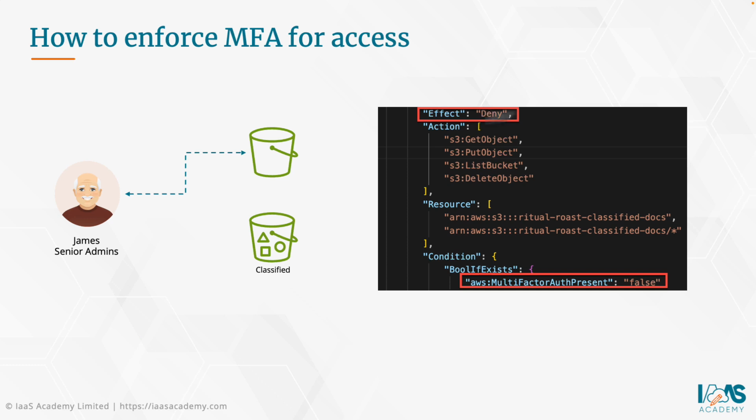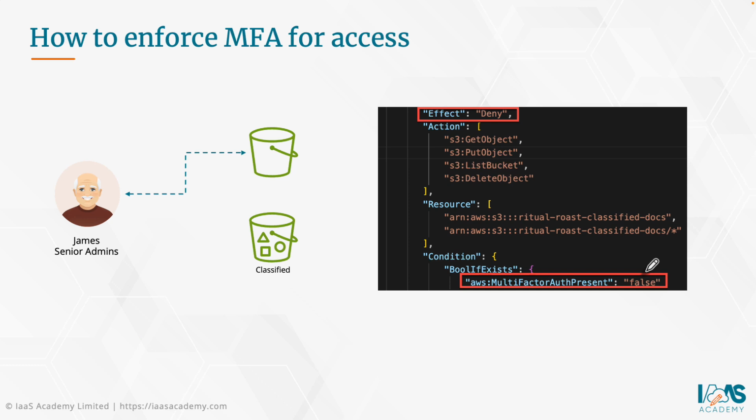We're denying access as long as multi-factor authentication is not enabled, as long as James does not log in with multi-factor authentication. This basically means that if we do not set up multi-factor authentication for James, then this condition statement is essentially true. This condition that multi-factor authentication is not present is true.